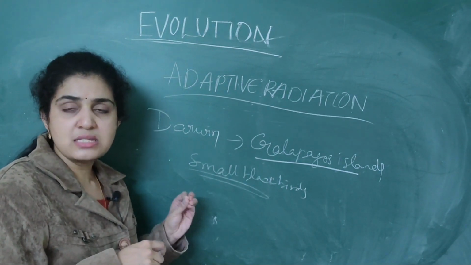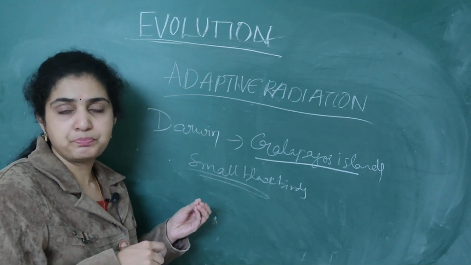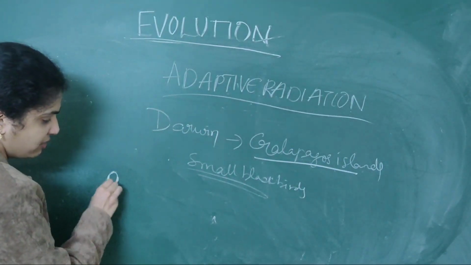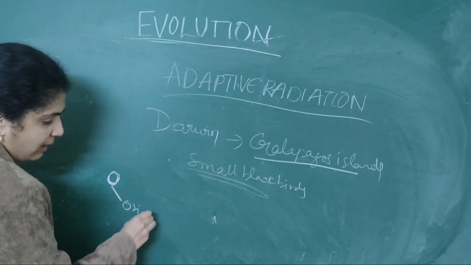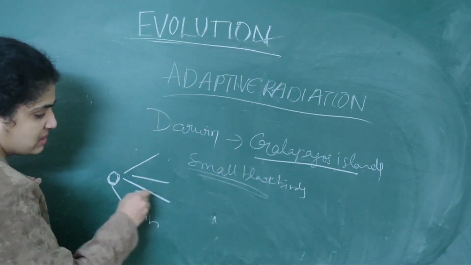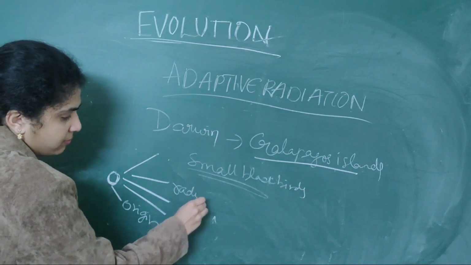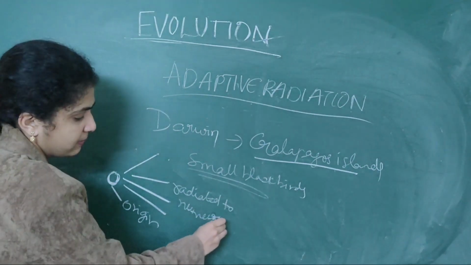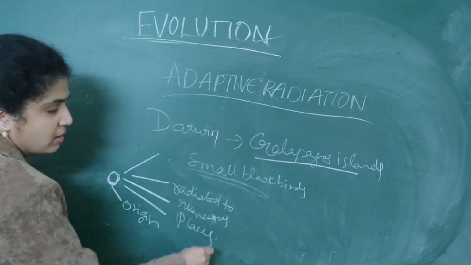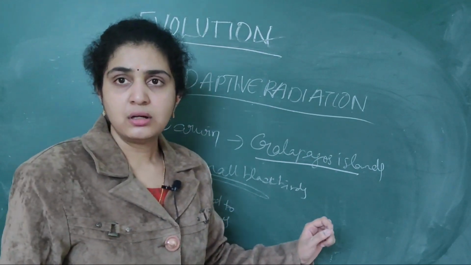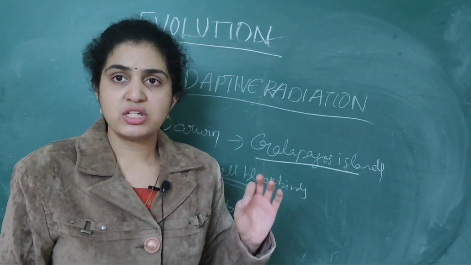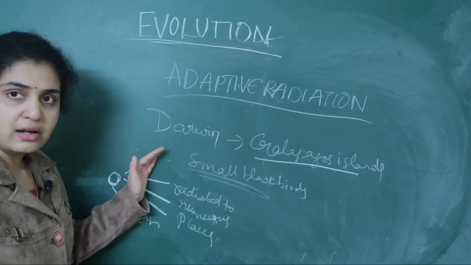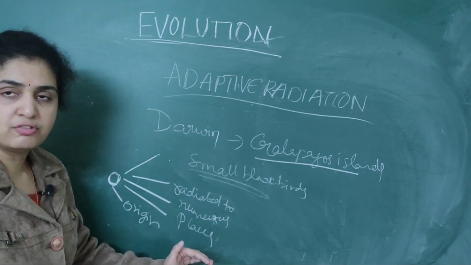This is the process of evolution where one species originated in a specific geographical area and radiated to numerous places, to different parts of the world.